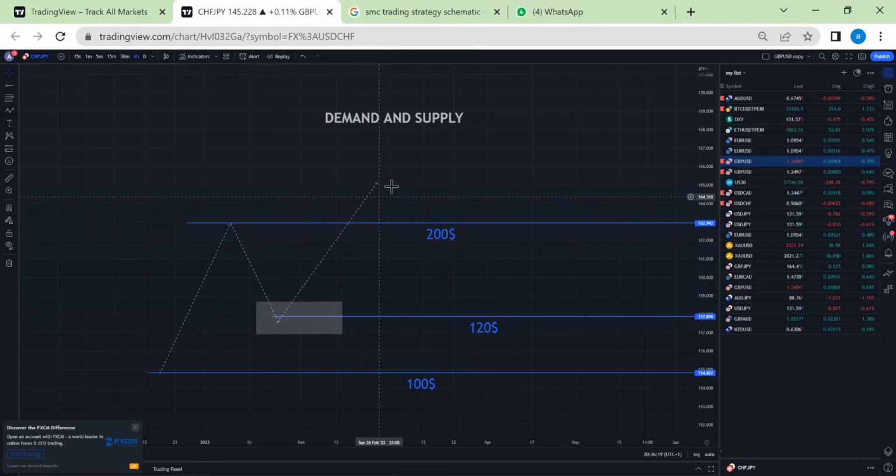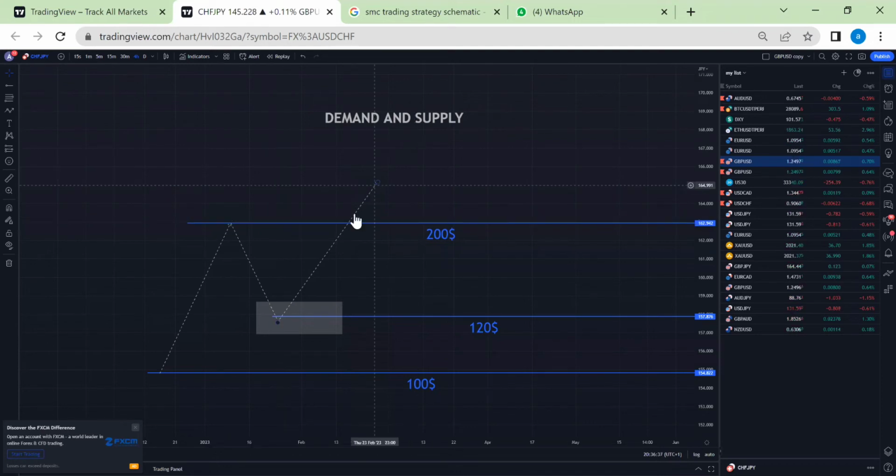It will automatically move up. And if it's moving up this time, there is a high chance that it will move higher than before, because everybody is now used to this $200. It will not be a thing of shock to them again. So it will now rise. That's where we have break of structure. That's why we always say when we have break of structure, that means price is going up.